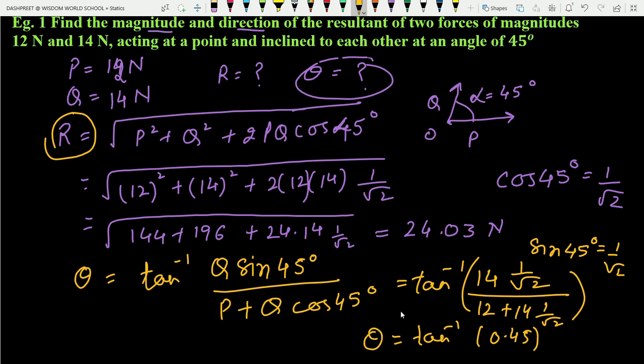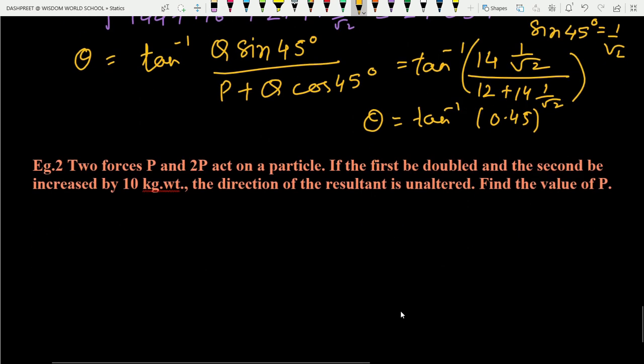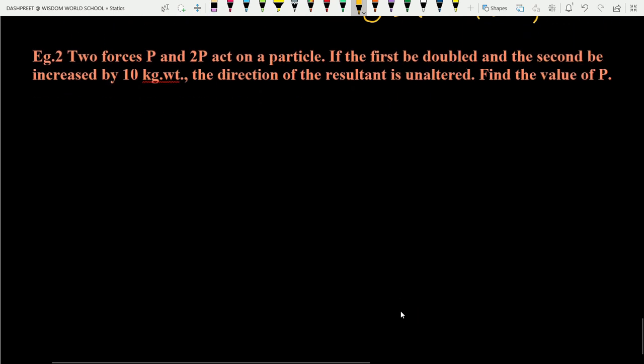Next example we will take today is example 2. Two forces P and 2P act on a particle. दो forces हैं P and Q. अब इसमें जो P है, this is one of the forces, here 2P.